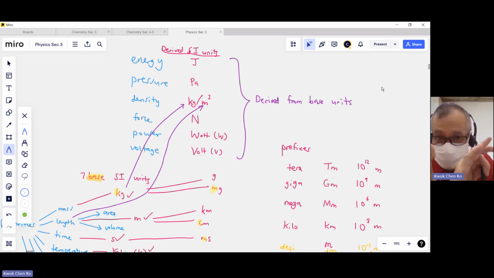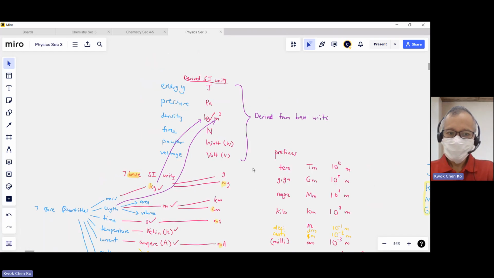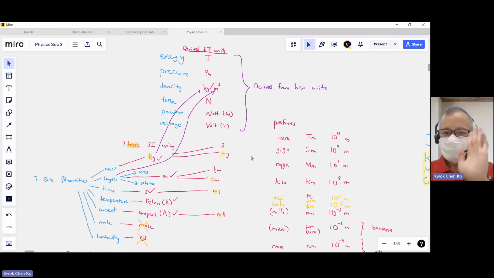How the rest are derived, I don't think I want to go through them one by one, but just keep this concept in mind. Whatever the case, you have to know what your SI units are for every single relevant quantity.